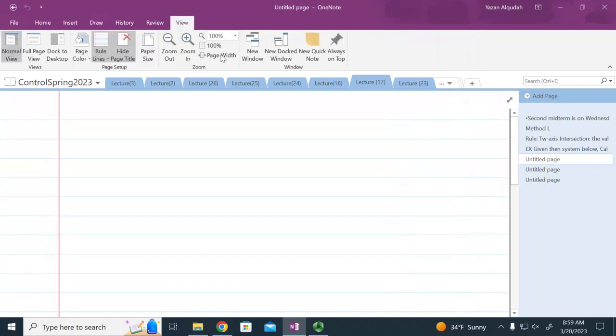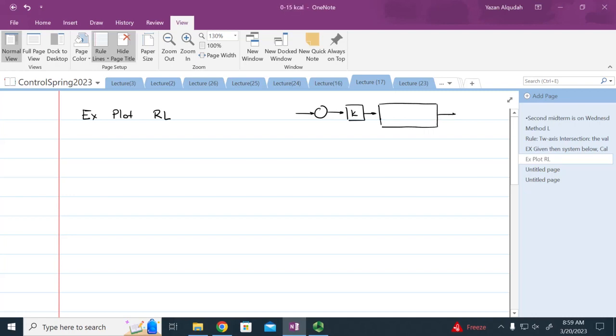Let me ask you a question. Okay, let's start plotting the root locus. So we are given, and tomorrow our lab is also plotting the root locus, and I'm very happy that we finished the root locus, so hopefully tomorrow you'll be able to do the lab and understand what we are plotting.